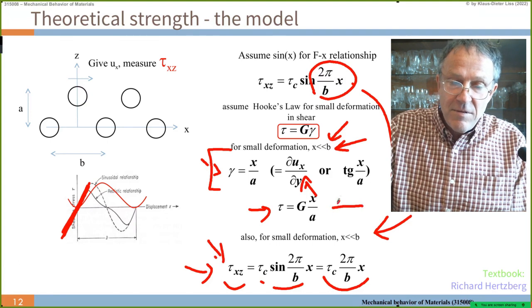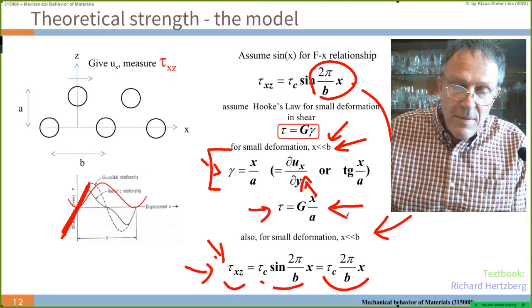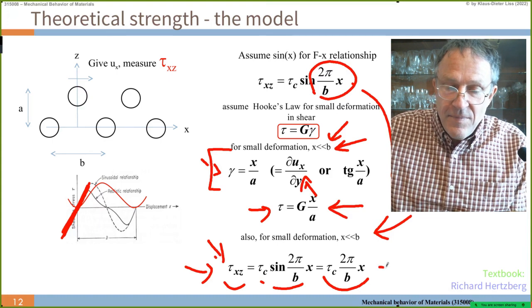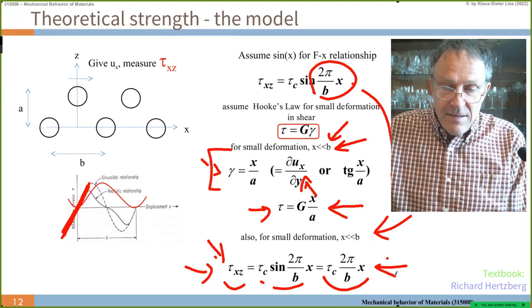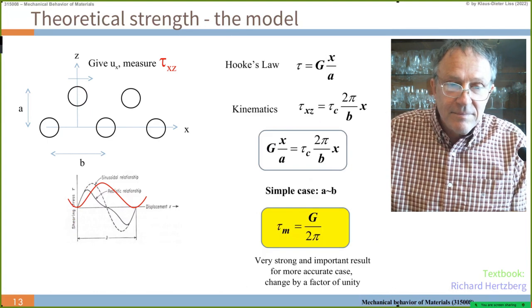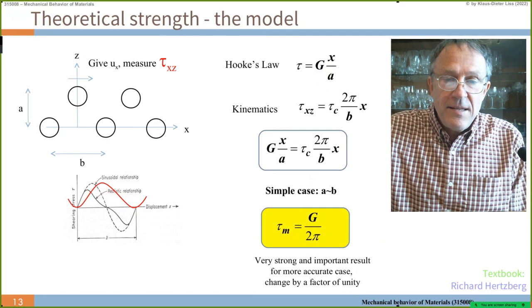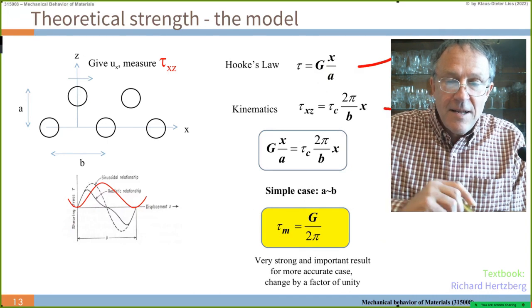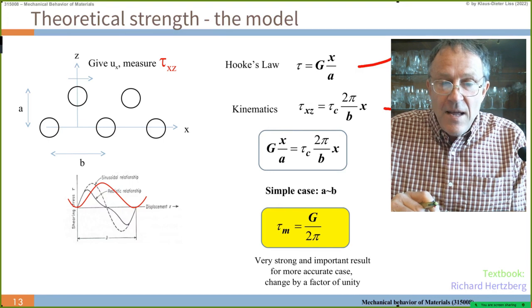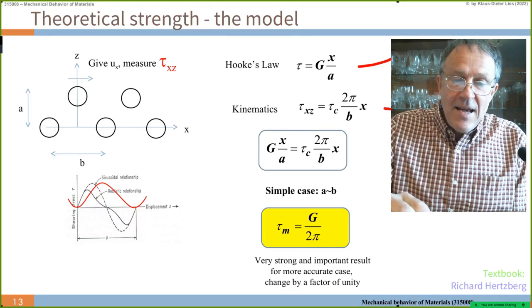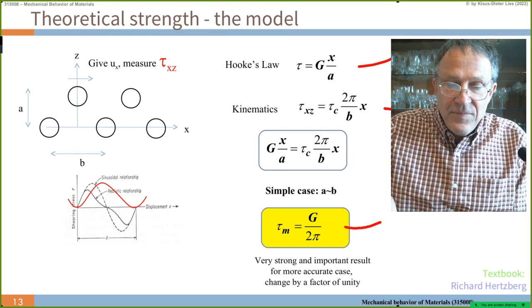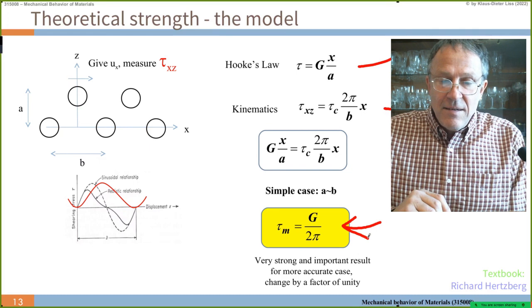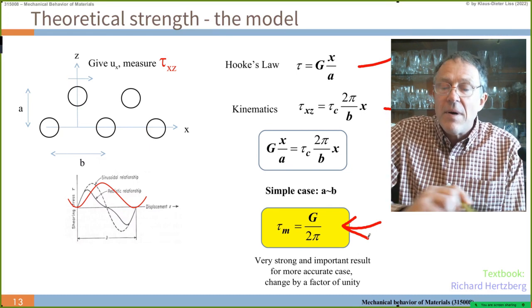So once we have the constitutional equation with the shear modulus, and here we have the equation of displacement related to the stress, I write them down again: Hooke's law and the kinematical case, the two equations I've just shown, and we set them equal and get G times x over a equals tau c 2 pi over b times x, or we can get an expression for the tau maximum, the maximum shear stress.